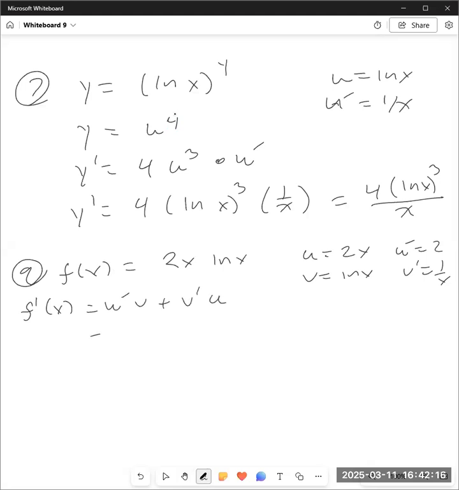How I remember that? u prime v is 2 ln of x plus v prime u is 2x over x, and that will cancel, leaving me with 2 ln of x plus 2. That's the same thing as 2 plus 2 ln of x if you ended up with it that way, because you did uv prime plus vu prime.